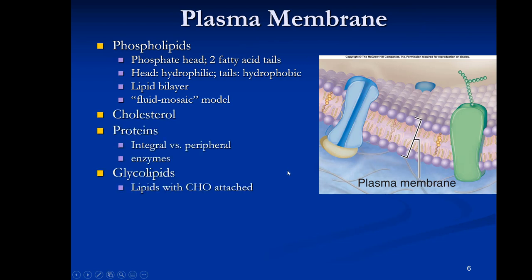Other structures making up the cell membrane are cholesterol. So cholesterol would be this structure right here. Cholesterol is actually another form of fat, and I'll talk a little bit about this later in the semester, but it's actually classified as a steroid, which has this 4-ring structure.